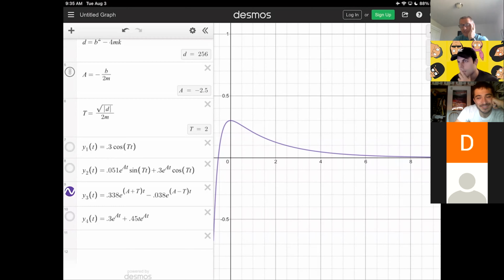Now, is this unrealistic though? No, you might not want something to oscillate back and forth. You might just want it to work its way back. Now, if you're the bike designer and you said, okay, that's pretty much back to 0 after 8 seconds, so I went off the jump and the bike compressed 30 centimeters and then it took 8 seconds for it to go back to normal, you might say, nah, that isn't going to work.